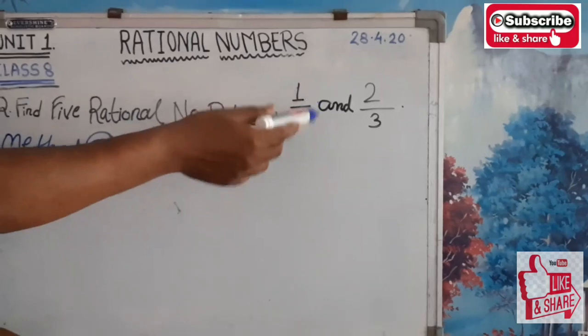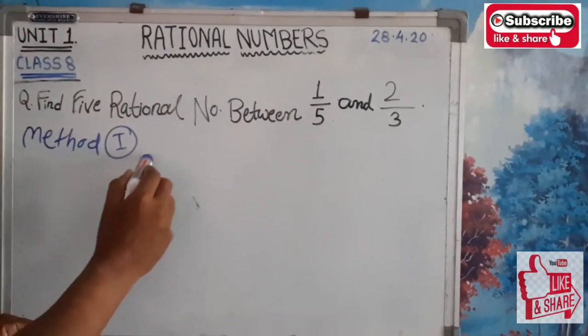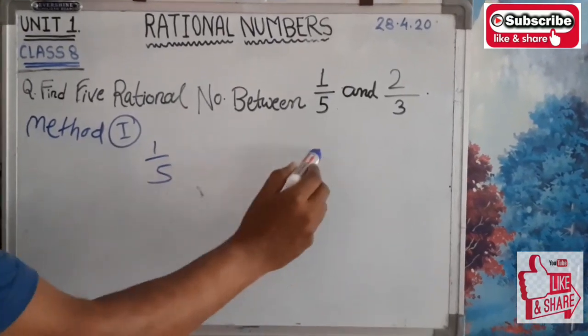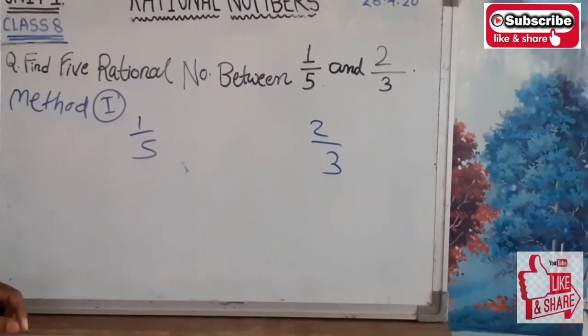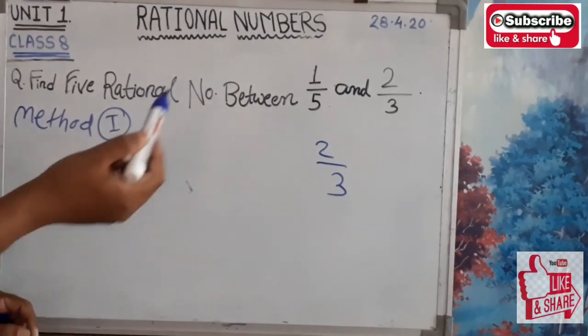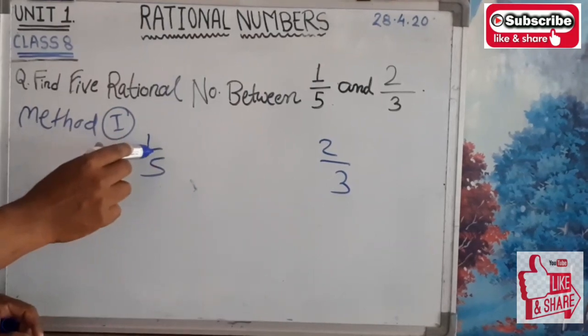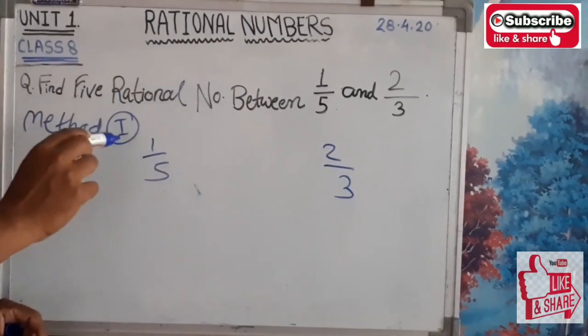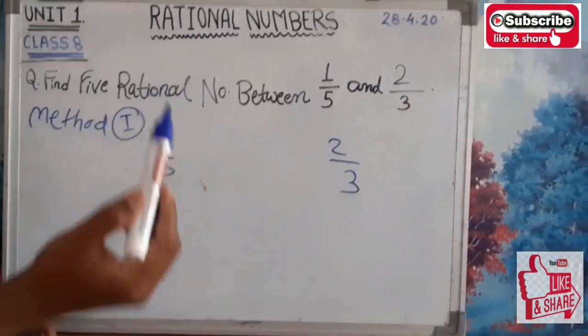Both are unlike fractions, so convert them into like fractions. To make them equivalent, multiply the first fraction by the denominator of the second, and the second fraction by the denominator of the first.